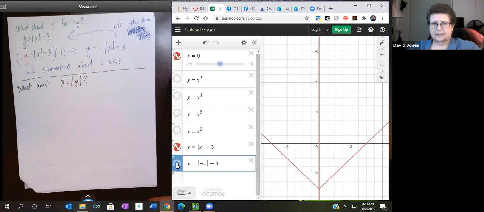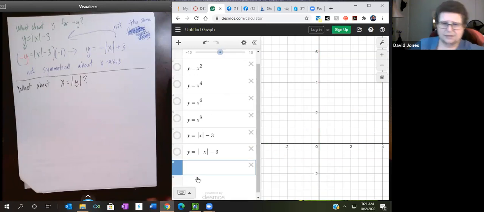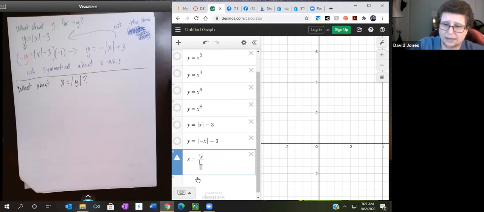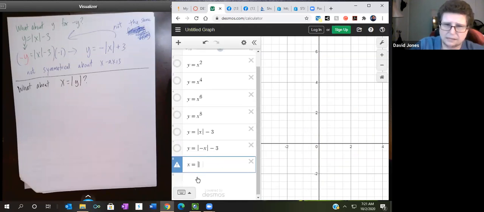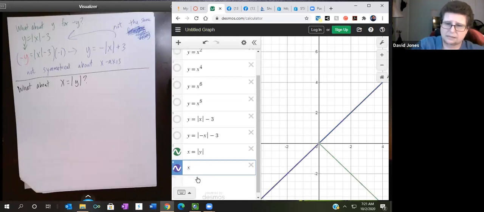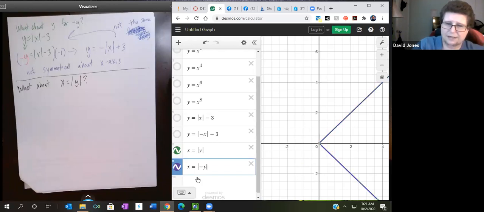So we can see absolute value of x minus 3 is there. And negative x minus 3, it's got the same symmetry. In fact, it looks the same. It's identical to y equals x minus 3. Let's see if we can do it with that one. x equals absolute value of y. Absolute value of negative y.